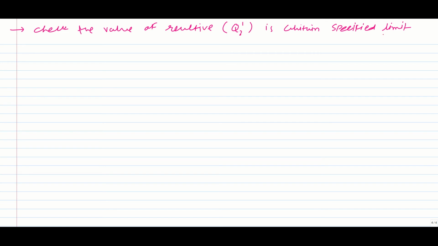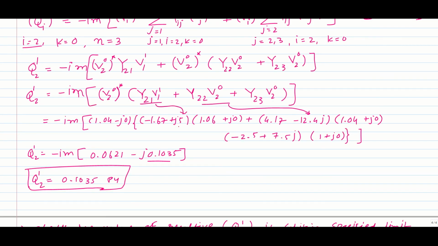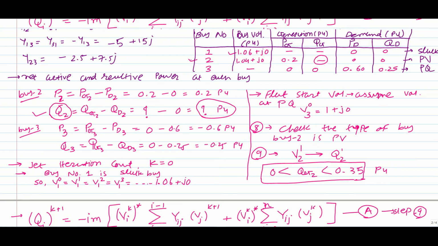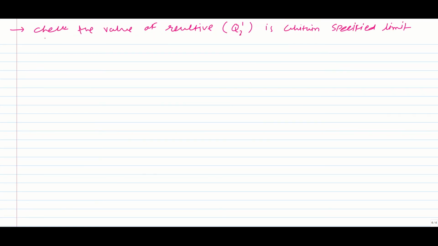So the range is given over here. Here it is. So we will get the value of Q21 as 0.1035, and yes, it is within this range. So we can say the range limit is not violated.